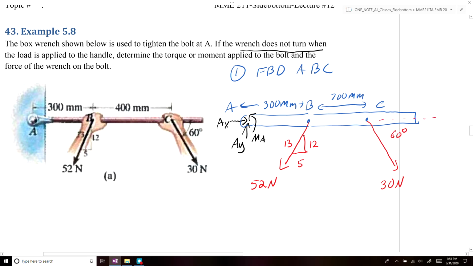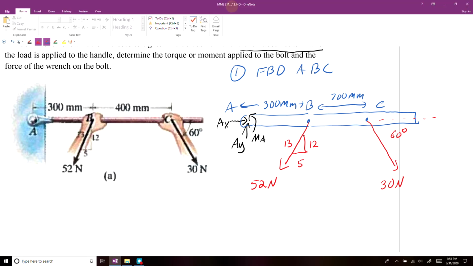All right, so once we have our free body diagram drawn, the second step is we're going to apply our equilibrium equations.